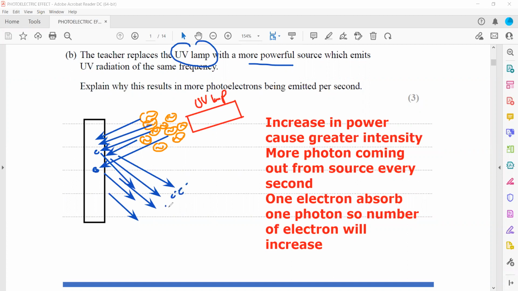So the photocurrent, the current produced due to these electrons, will also increase. Is this part clear, that increasing the power of the lamp increases the number of electrons coming out every second?